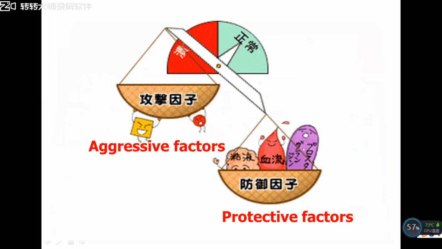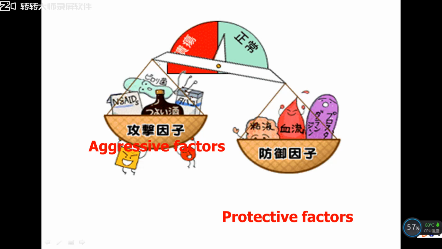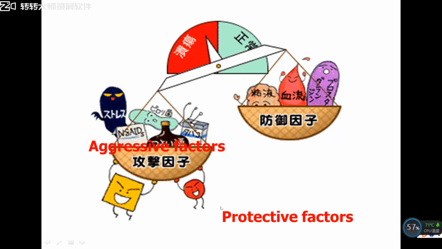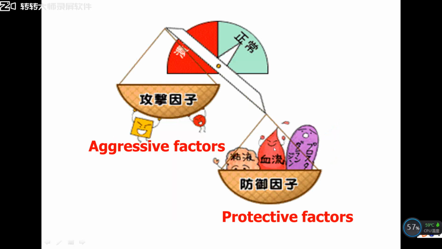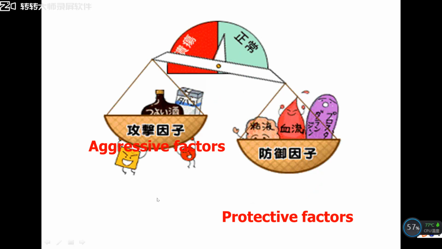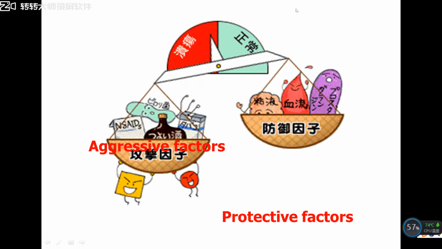Because in gastric ulcer the aggressive factors increase and the protective factors decrease, there is an imbalance, and we use the methods of reducing and increasing.